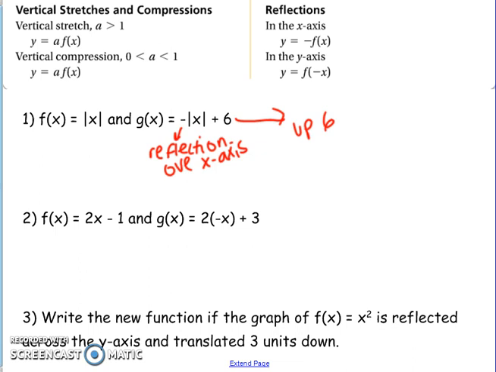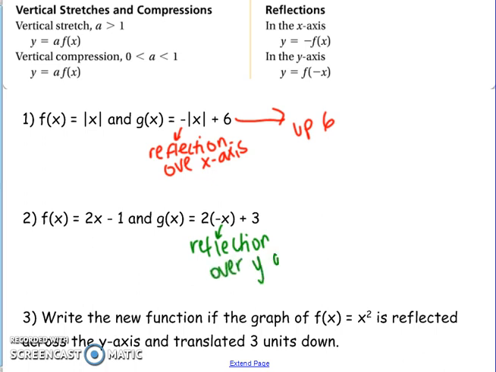Now if we look at the next one, 2x minus 1, we know our parent function is x, but we're trying to make a transformation from 2x minus 1 to 2 times negative x plus 3. Since the negative is on the inside here, in the parentheses, this is going to be a reflection over the y-axis.